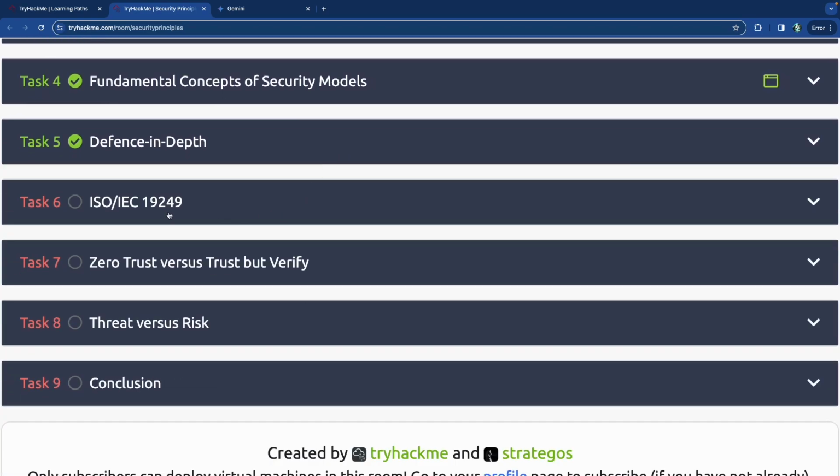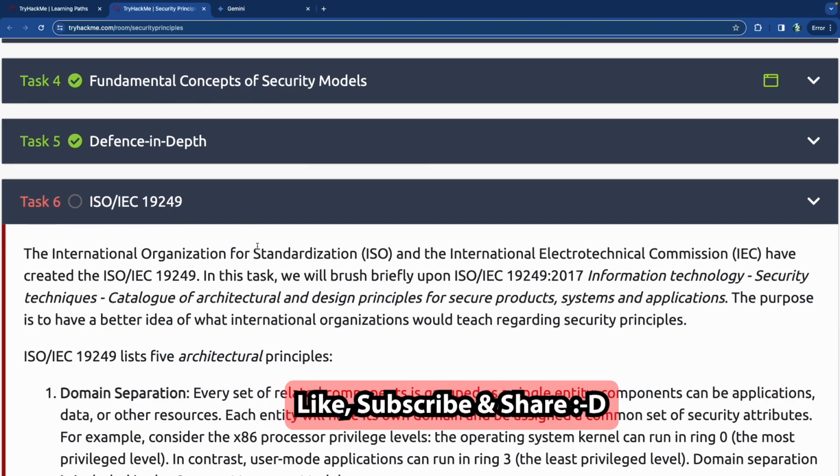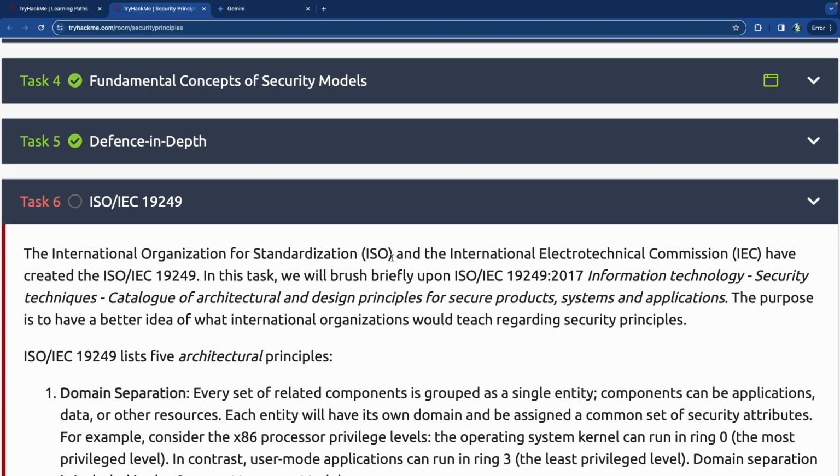So let's look at the ISO IEC 19249 standard here. The International Organization for Standardization, whatever, ISO, and the International Electrotechnical Commission, IEC, have created ISO IEC 19249.